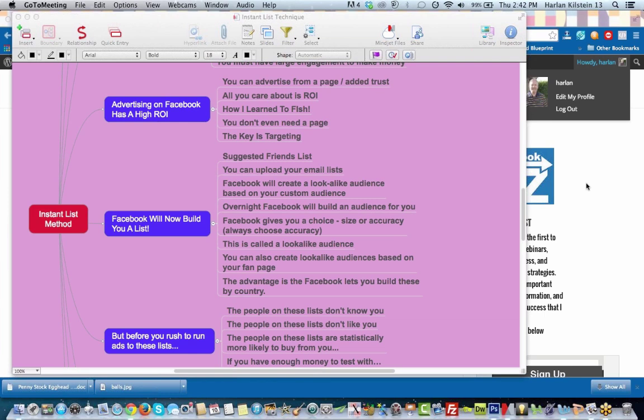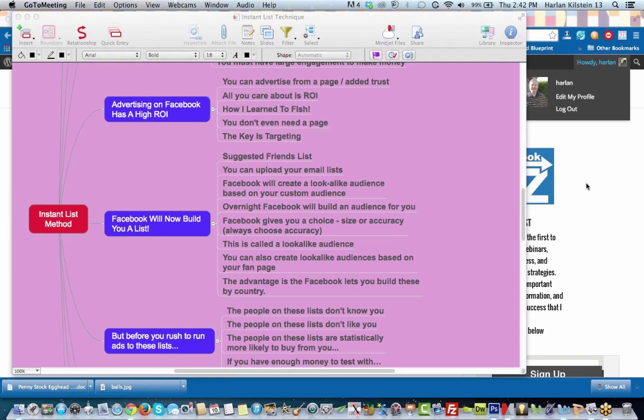Now, if you have anywhere near a decent size list, even 1,000 names, Facebook will turn that list into a lookalike audience of approximately 2 million overnight. 2 million people in your lookalike audience.